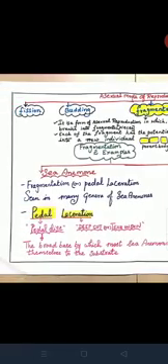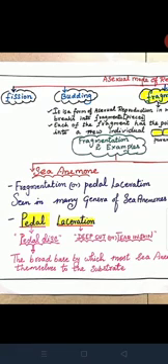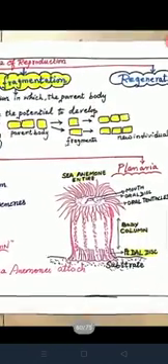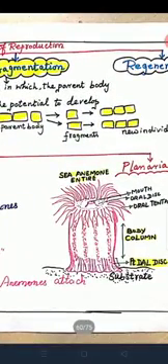Pedal laceration is seen in many genera of sea anemone. In pedal laceration, the word pedal denotes a part of the animal. See the picture. It's a pedal disc. Pedal disc is a broad base by which most sea anemones attach themselves to the substrate.